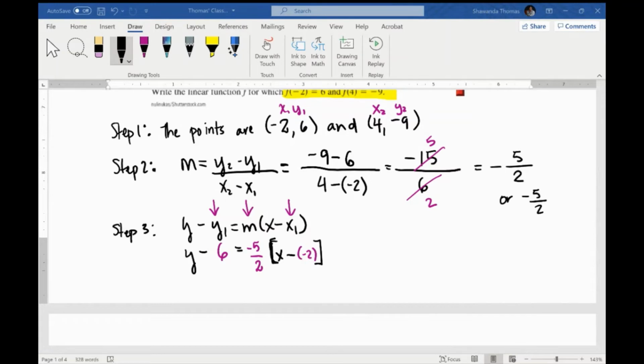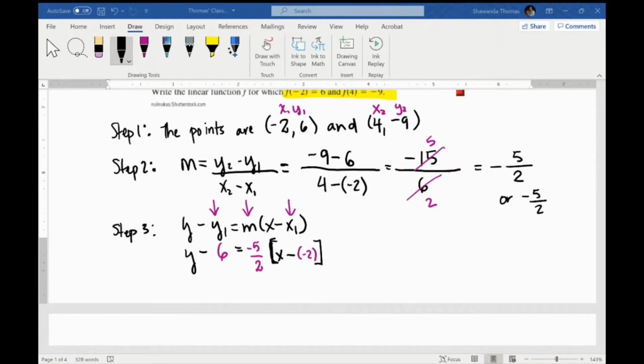Get rid of the fraction. We definitely want to get y by itself, but that is our goal. That is our goal, to get y by itself. But what simplification do I want you all to do first, you think?